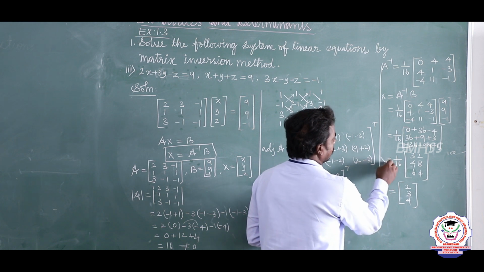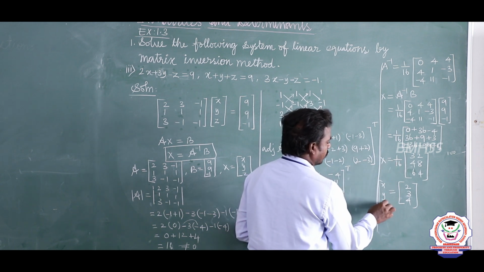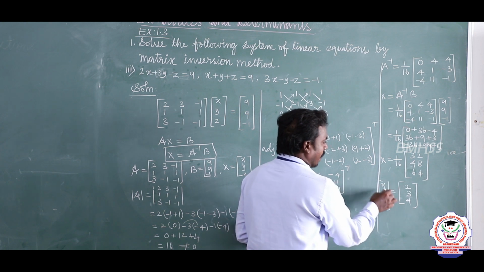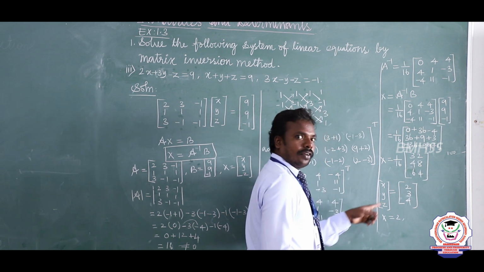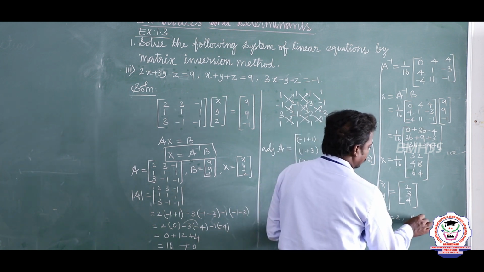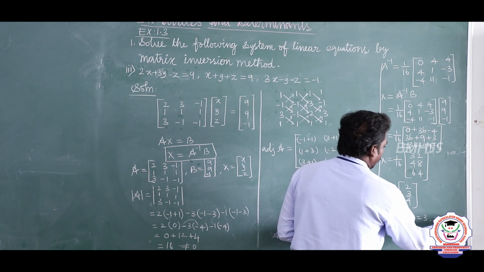Here the X matrix means X, Y, Z. Now, the value of X is 2, the value of Y is 3, and the value of Z is 4.